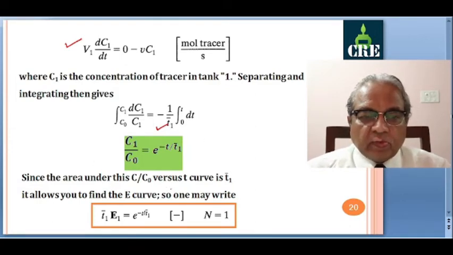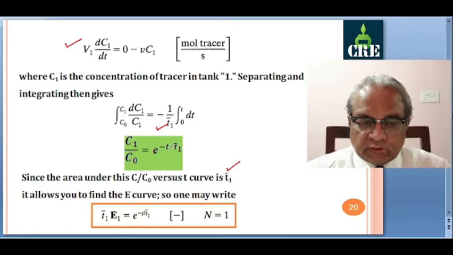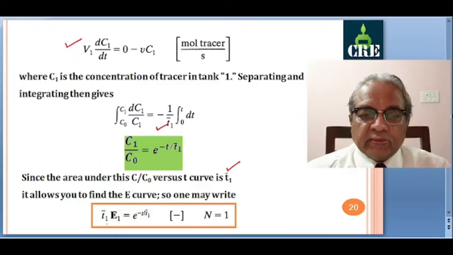So here, if we plot C by C0 as a function of time, area under the curve gives T1 bar into E1. This is again dimensionless. So we know for the E curve, E into T represents area under the curve.